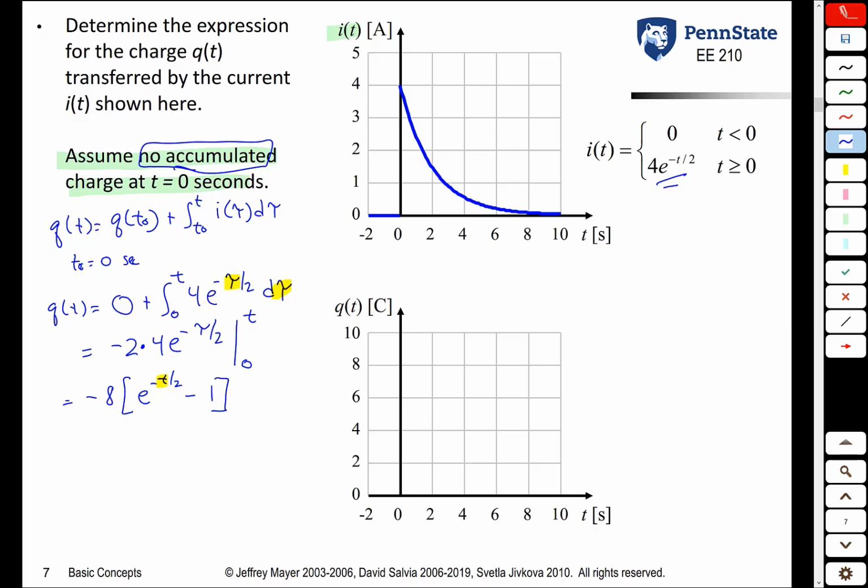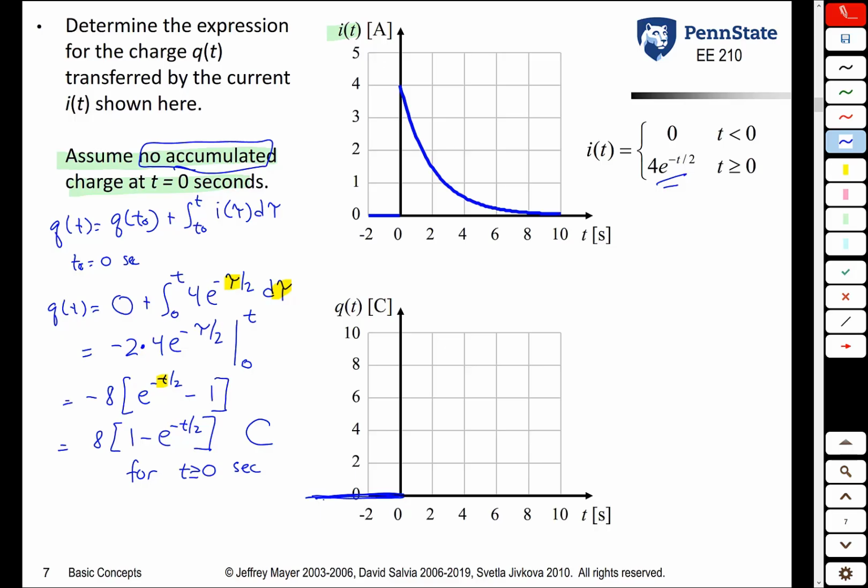Continuing then, we can get rid of the minus sign and rewrite this as 8 times 1 minus e to the minus t over 2. And of course the units are going to be coulombs, and this is valid for all time greater than or equal to 0 seconds.